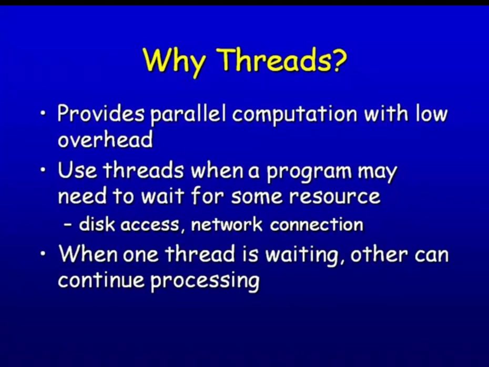Well, they provide parallel computation with low overhead, and we want to use them when a program, a process, needs to wait for some resource such as disk access or network connections and still wants to do work, so it can shift the work from one thread to another. So while one thread is waiting for something to happen, another can jump in and do some work.